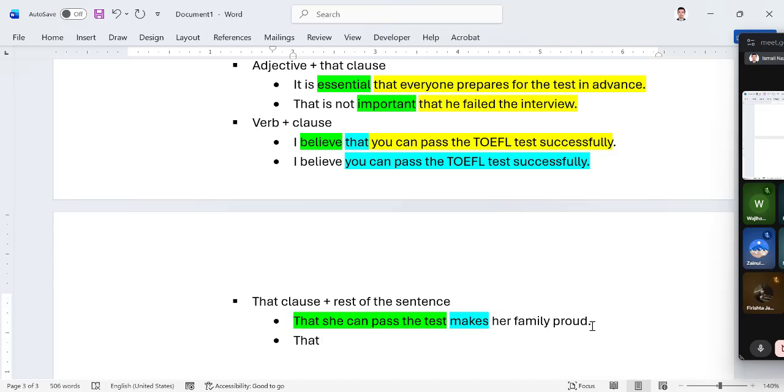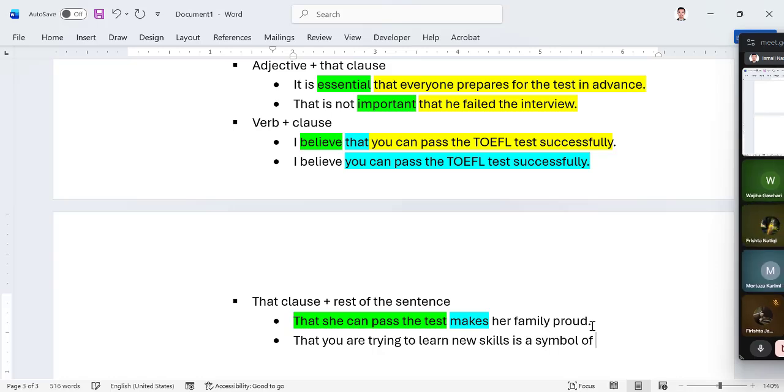Or if you say that you are trying to learn new skills is a symbol of hope. So here we have the noun clause that you are trying to learn new skills.